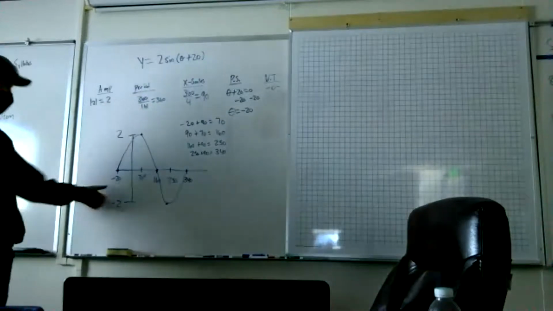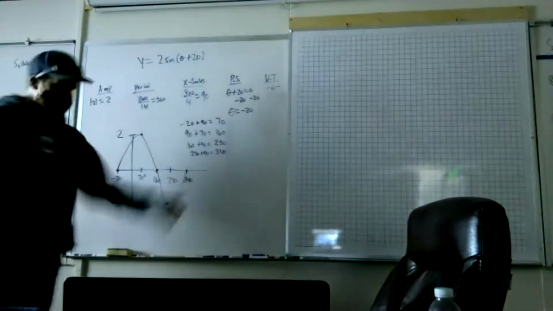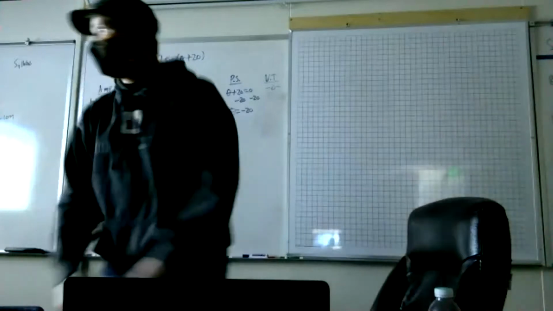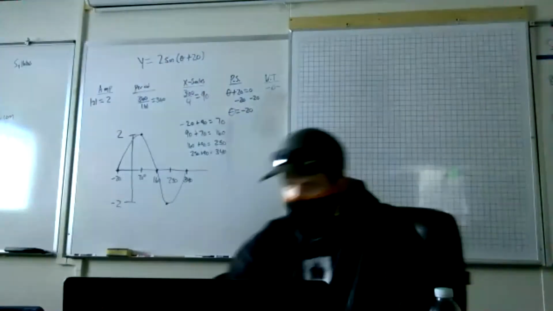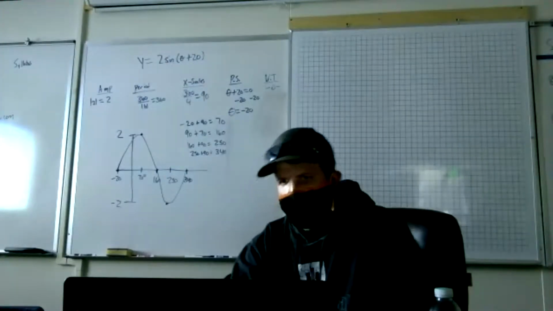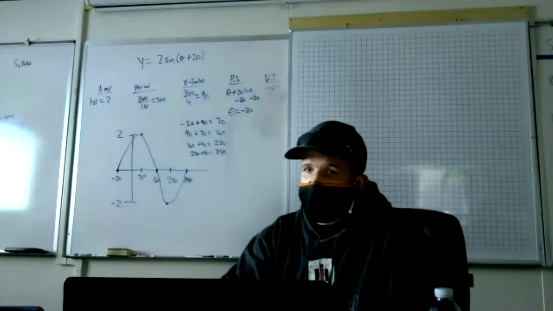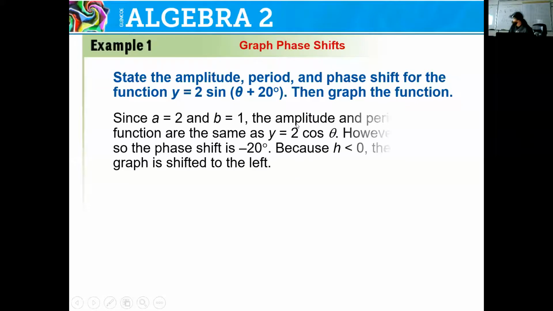Okay, it started at negative 20. It ends up at 340 because one period is 360 degrees. All I did was shift it left. And that, once again, was because I had a positive on the inside. However, since h is negative 20, go to the phase shift negative 20 because h is less than 0.